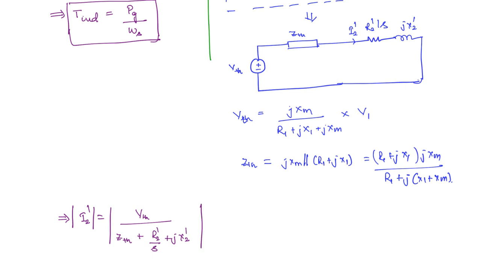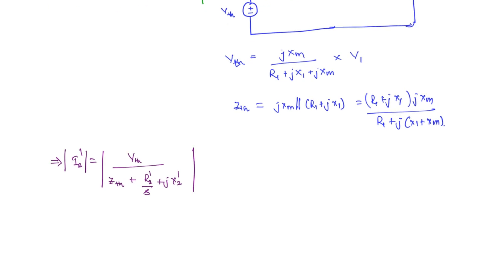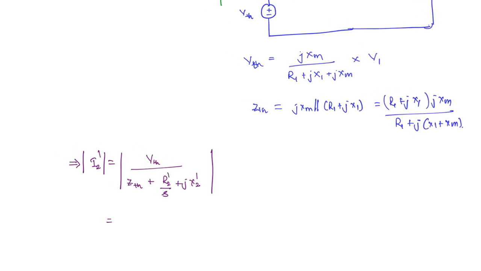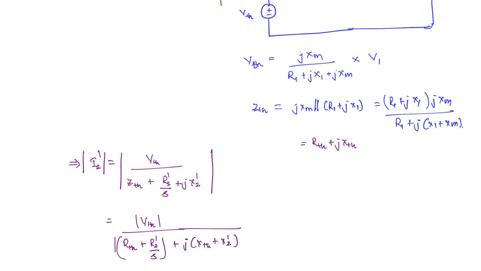So I2 dash magnitude is equal to VTH magnitude divided by, writing ZTH as RTH plus jXTH, (RTH plus R2 dash by S) as the real term, plus j(XTH plus X2 dash) as the imaginary term.